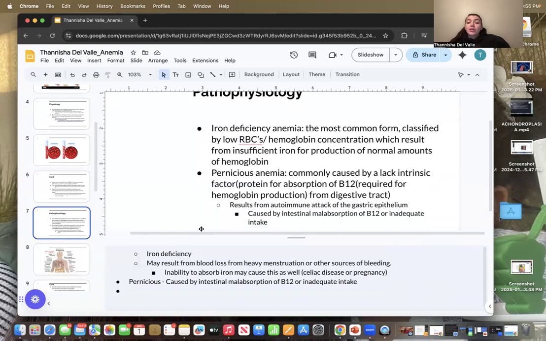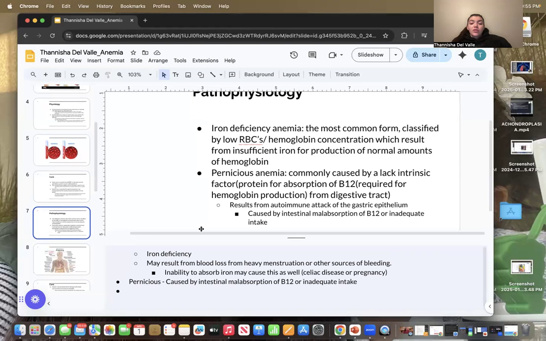Okay, so iron deficiency anemia. That is the most common form, which is classified by low RBCs and low hemoglobin concentration, which can result in insufficient production of normal amounts of hemoglobin. And pernicious anemia is commonly caused by a lack of intrinsic factor, which is required for B12 absorption in the digestive tract.